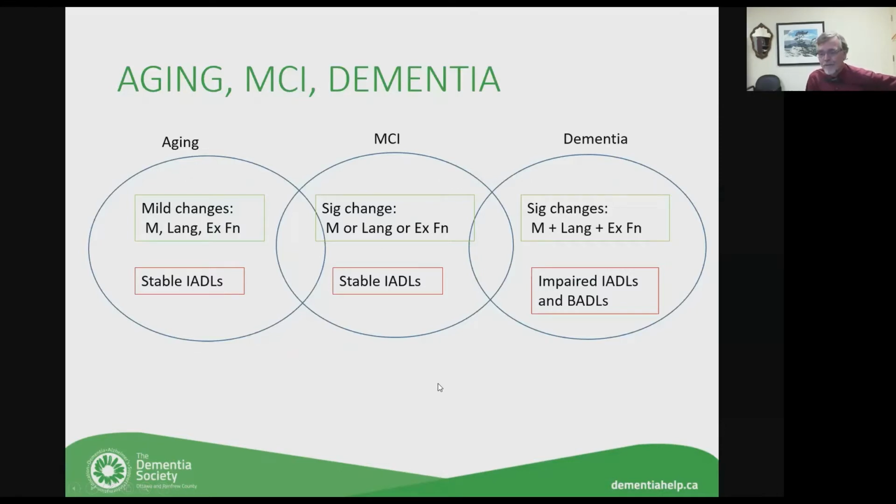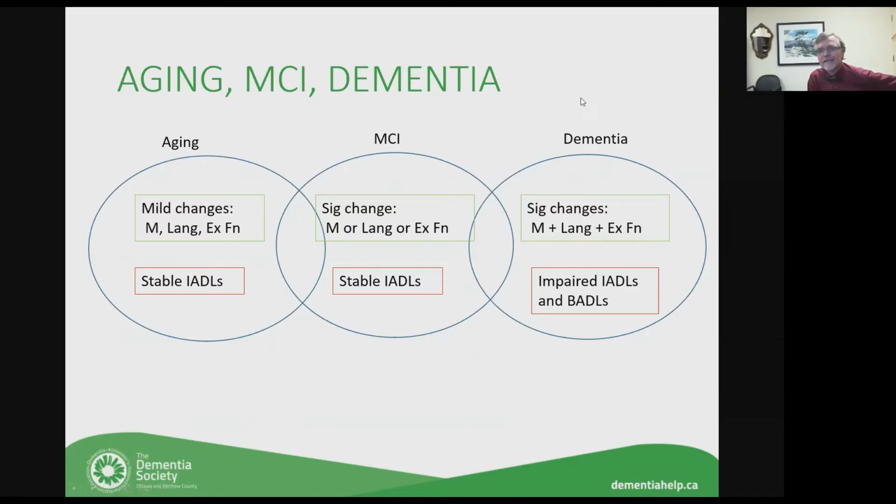If we then treat your thyroid problem, you may well end up coming back to normal aging. So the directionality can be this way and it can be this way. So it can be reversible. Mild cognitive impairment can be reversible. However, if you move from mild cognitive impairment to dementia, that is not reversible. So that's a one-way street.